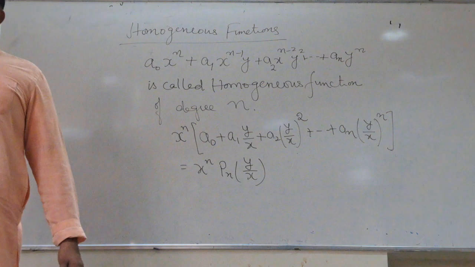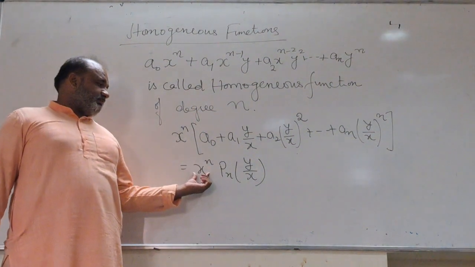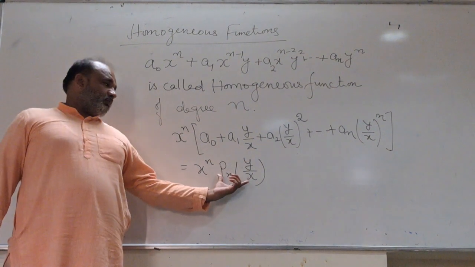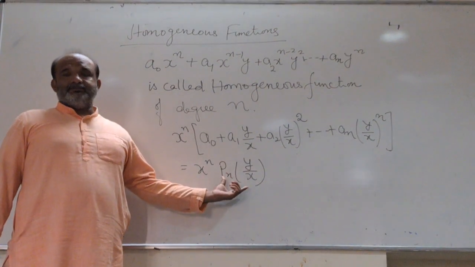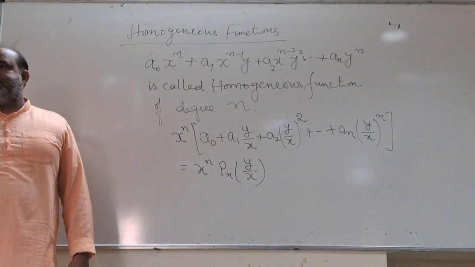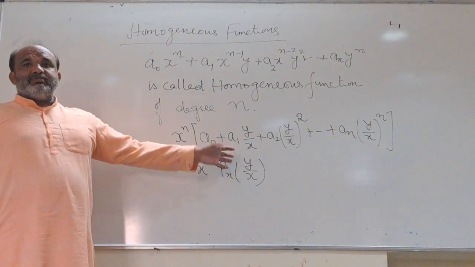So a homogeneous function can be written like this: the power of x is n multiplied by a polynomial Pn of y by x, degree is n. Is it okay? Yes, sir. So now this can be generalized.